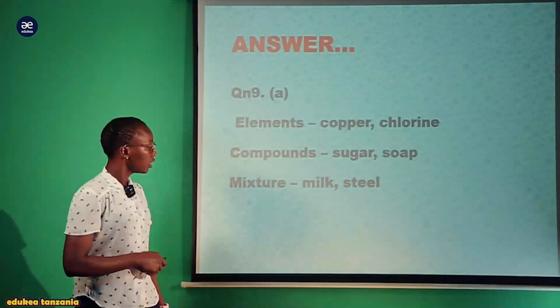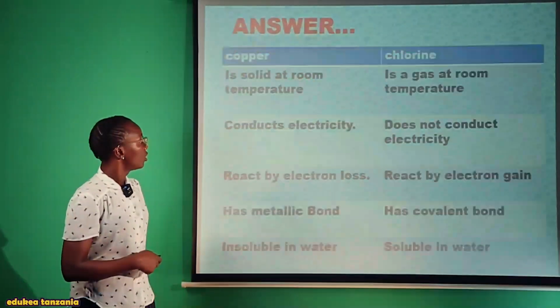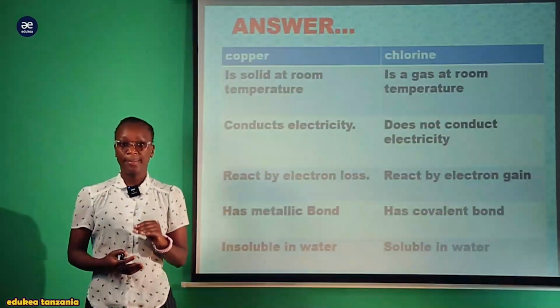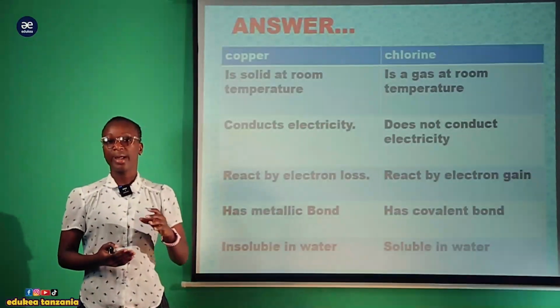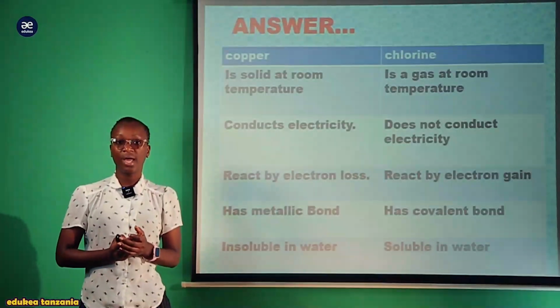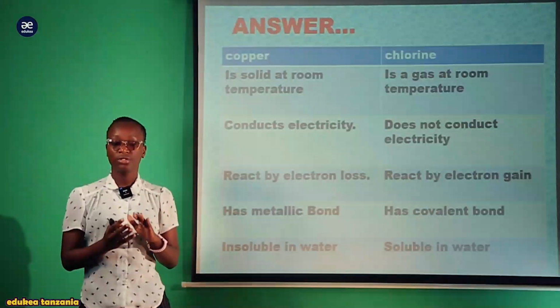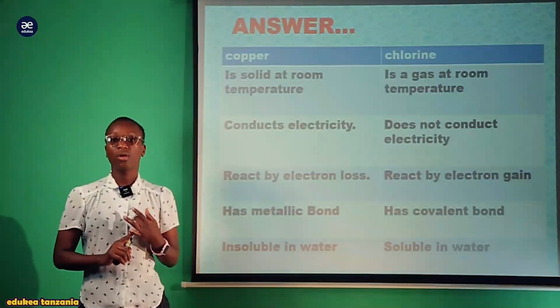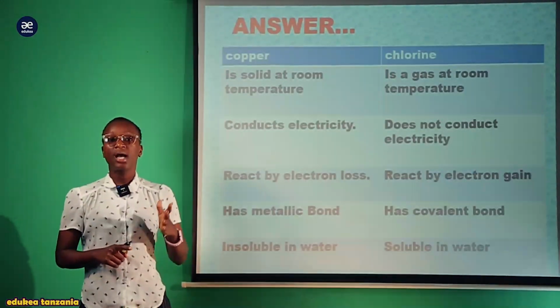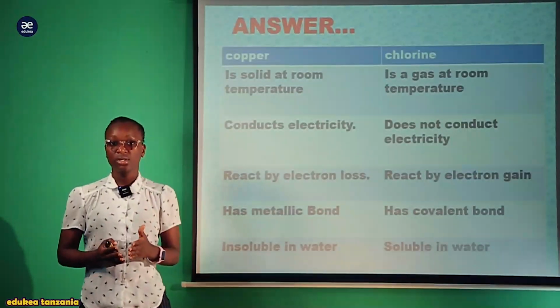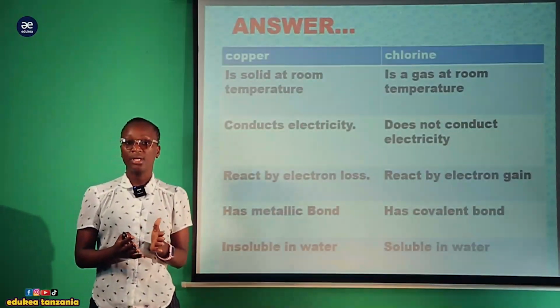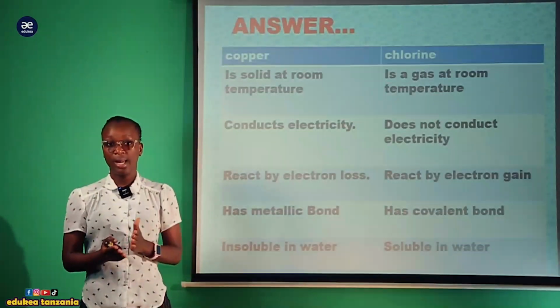Kwamba hizi ni mixtures. Now the question number 9B, we are required to differentiate now the elements. Kama part A tumeweza kuidentify kwamba kwenye ile list ya components tulizopewa, elements tumejua kwamba ni chlorine na copper. Sasa swali la B linataka to differentiate, tutofautishe tofauti iliyopo katika hizo elements.